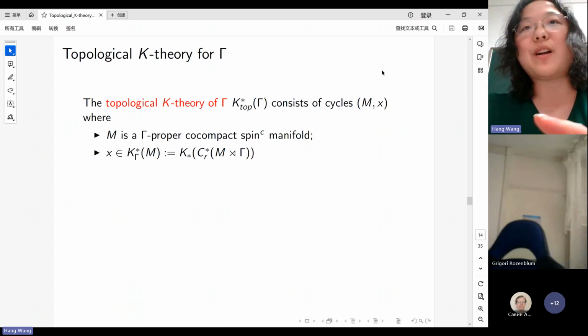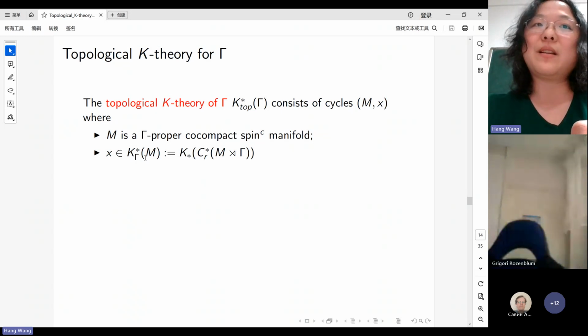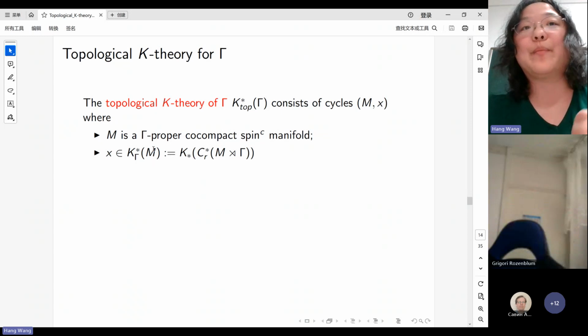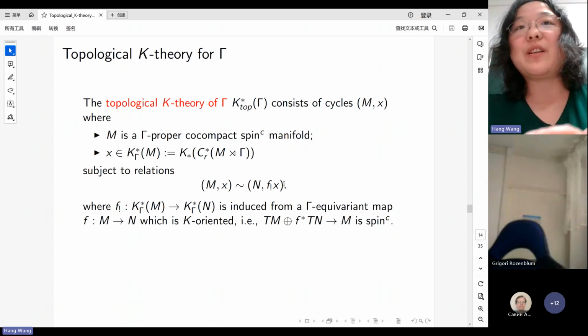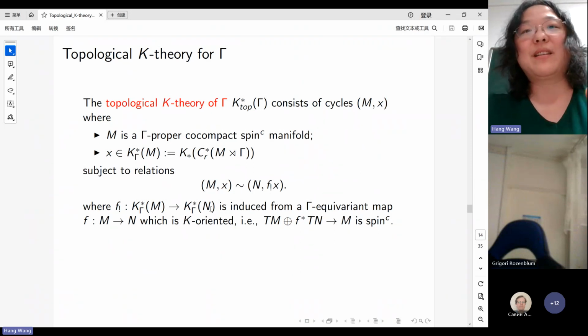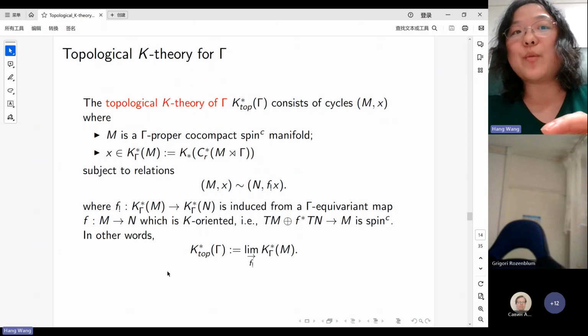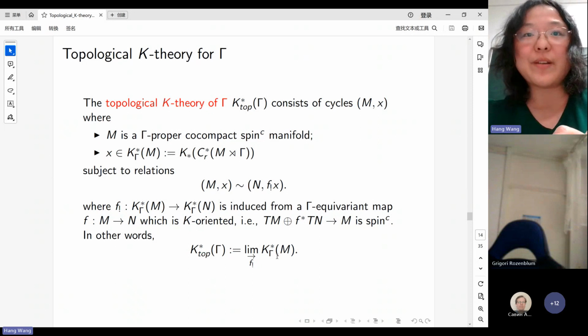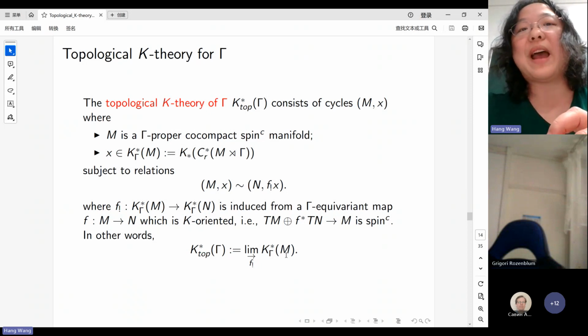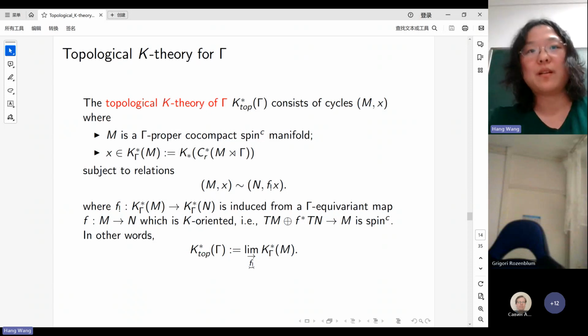This group consists of cycles of the form M and X, where M is a proper co-compact spin C manifold, and X is an element in the equivariant K-theory of M. We also need relations on these cycles, and the relations are precisely given by the push-forward map from M to N. In other words, the topological K-theory can be defined using the inductive limit of equivariant K-theory of M under these push-forward maps.